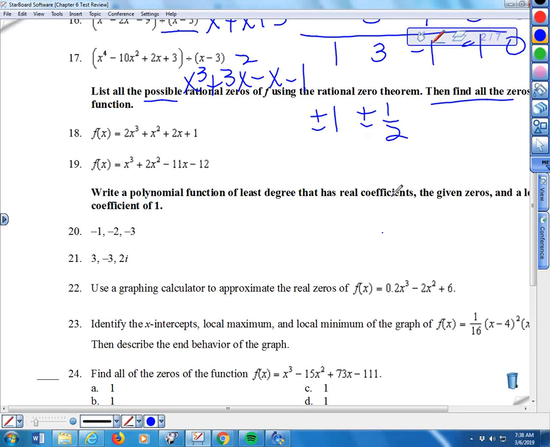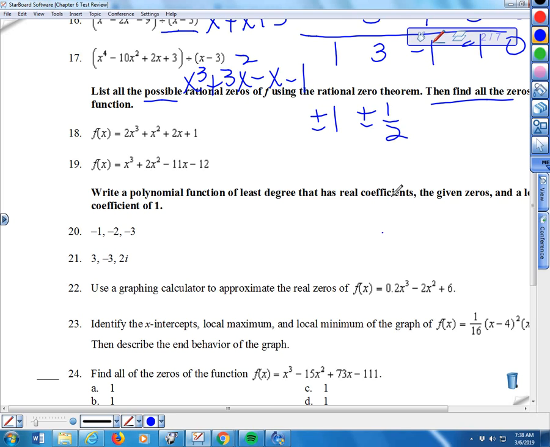So if I start, I could do it one of 2 ways. I'm going to go ahead and just go to the graphing calculator and go to y equals, clear whatever's in there. Just type in 2x cubed plus x squared plus 2x plus 1. And make sure that when you're doing this that you come down with your exponents, which I did not.